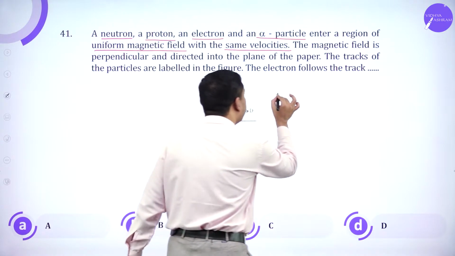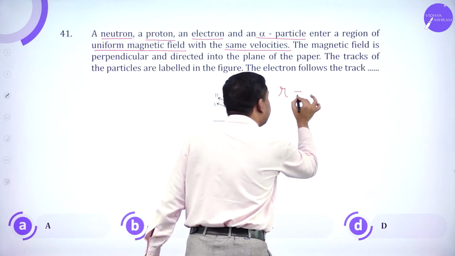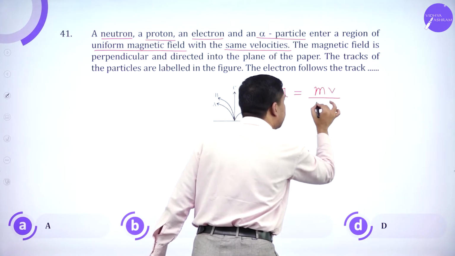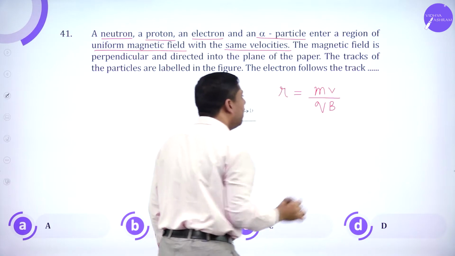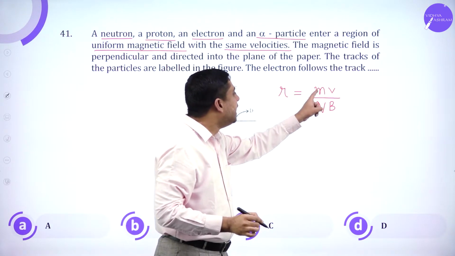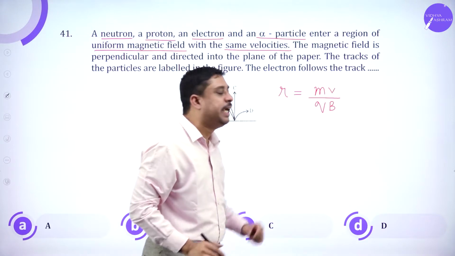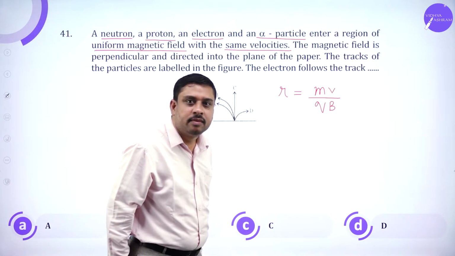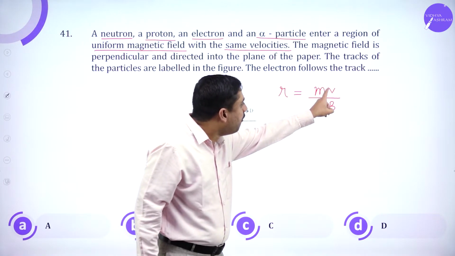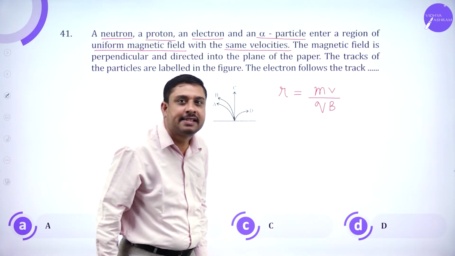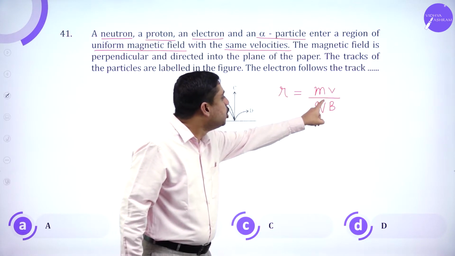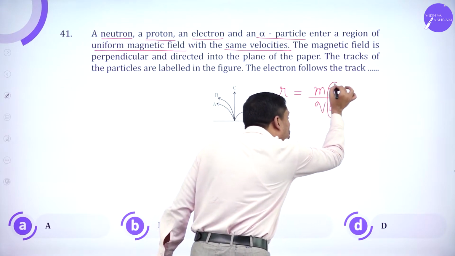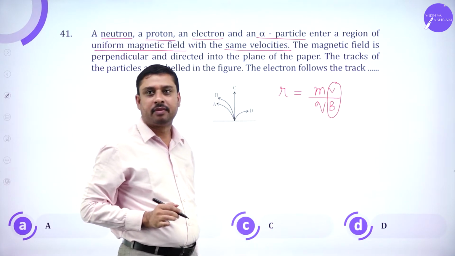My dear students, the radius of the trajectory is given by m v divided by q into B. The problem says they move with the same velocities in a uniform magnetic field. So this ratio becomes the same.